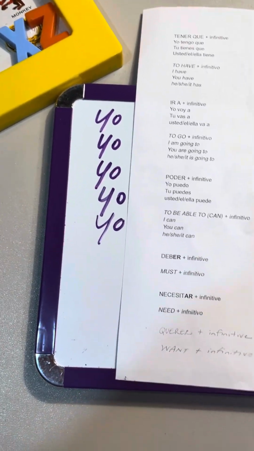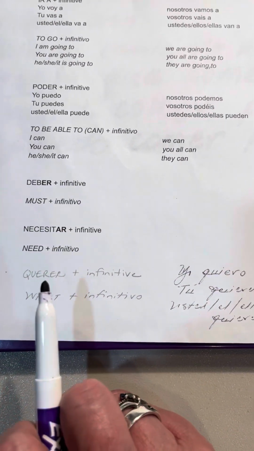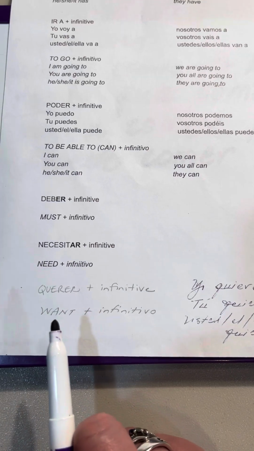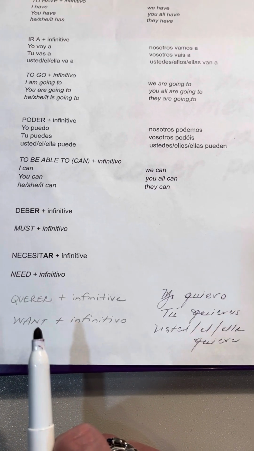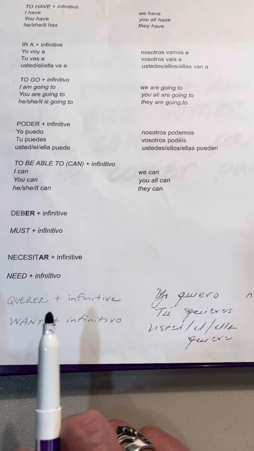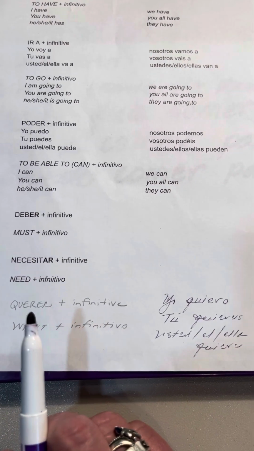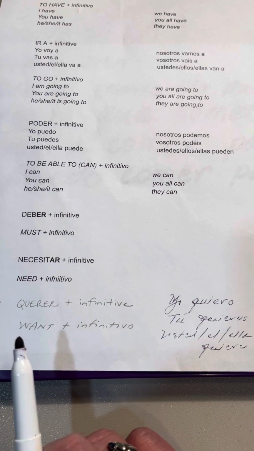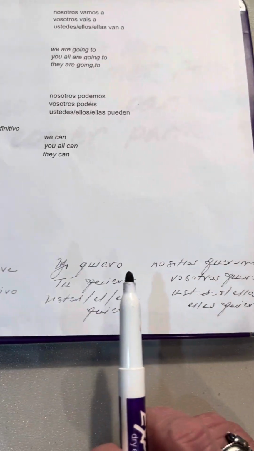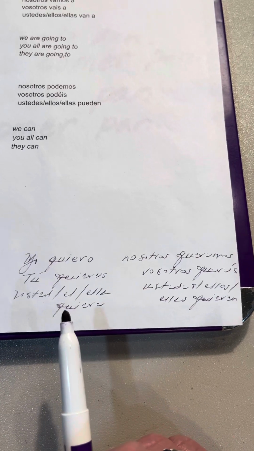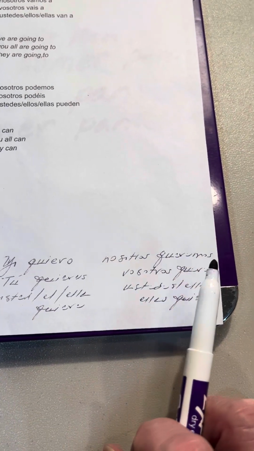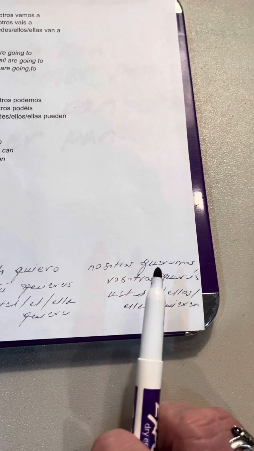I want to jump down here now to querer. Querer is want. To want. Plus your infinitive. Again, there is no extra word in there. It's the conjugation of querer, which is to want, plus your infinitive. Again, as an ER verb, it is irregular. Quiero, quieres, quiere. Queremos and queréis are regular.